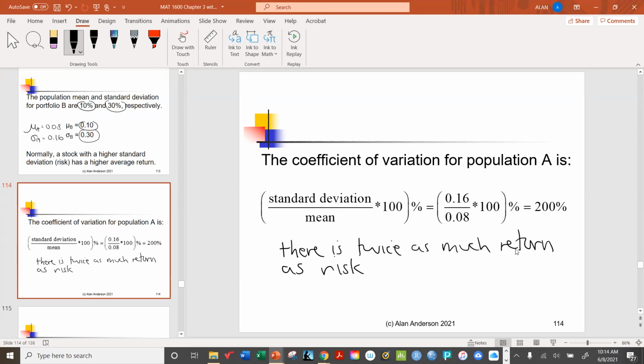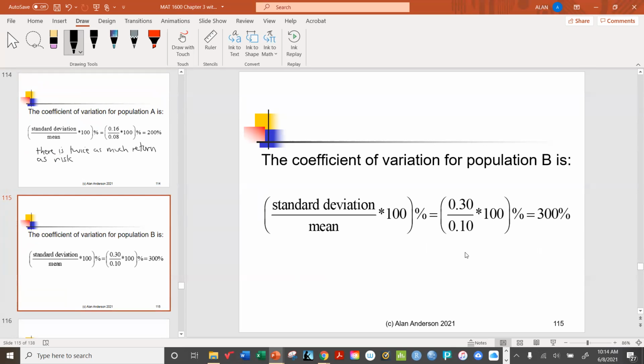It's hard to say. We have to now do the same thing for B and see what kind of result we get. And when we have that information, that will help us decide which portfolio we should buy. All right. So for B, look at that, it's 300%. There is 3 times as much return, or I should say the return is 3 times the risk.